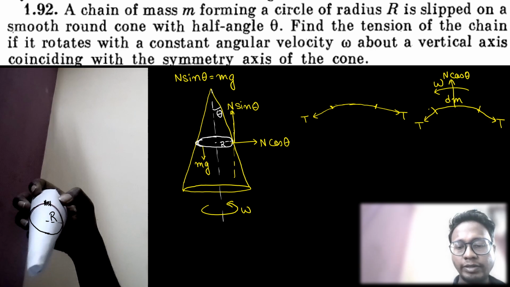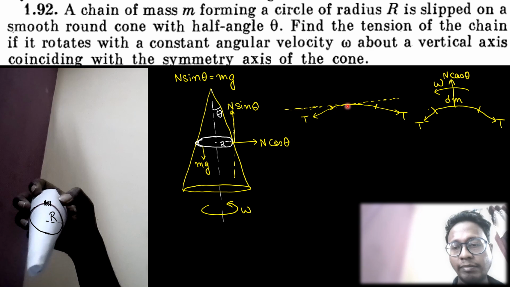Okay. So if I draw a tangent to the ring, this line is nothing but a tangent, a straight line connecting tangent to the midpoint of the ring. Okay. How much is this angle? And this tension force is nothing but tangent along this line.